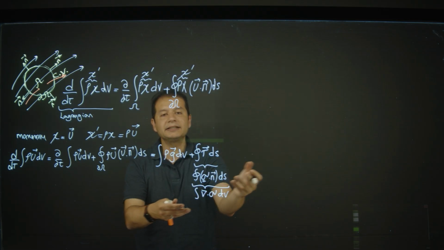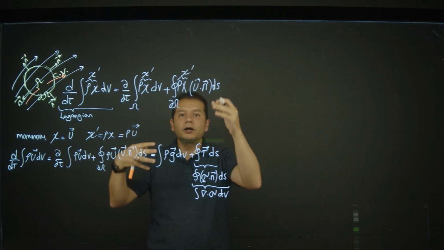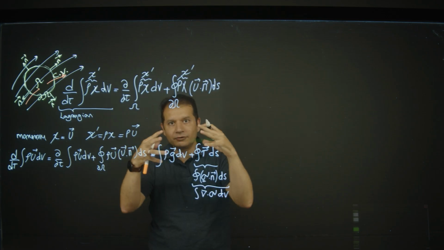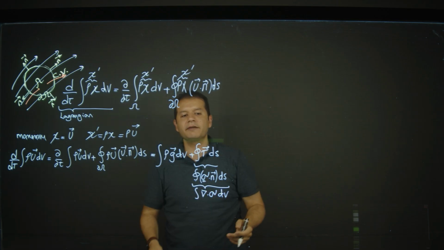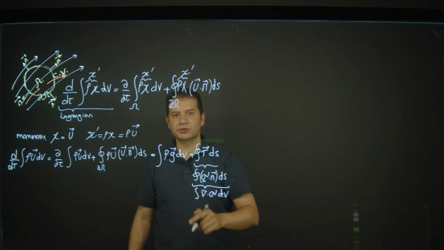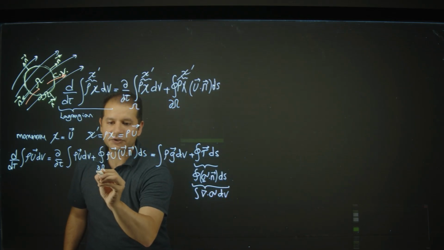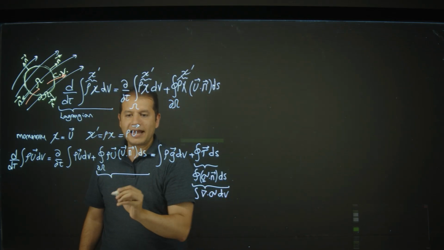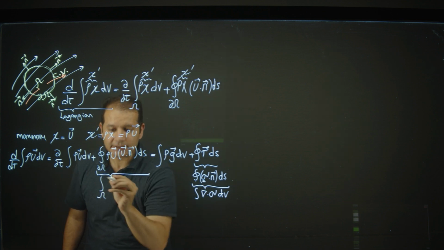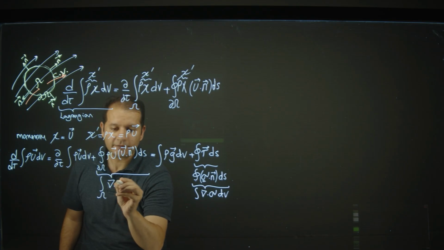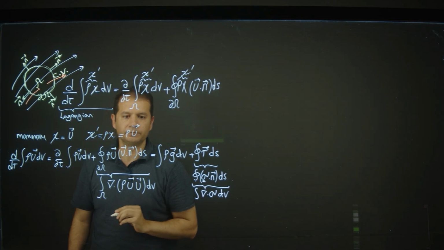Because the stress dot n dS is like flux and like the net outward forces or stresses at the boundary, at the interfaces of your fluid particle, and I can simply use the divergence theorem to make it the divergence of stresses. So in that sense, I can also use the divergence theorem here and make the flux of the momentum look like the integral over the volume of the divergence of rho u, that's the dV.